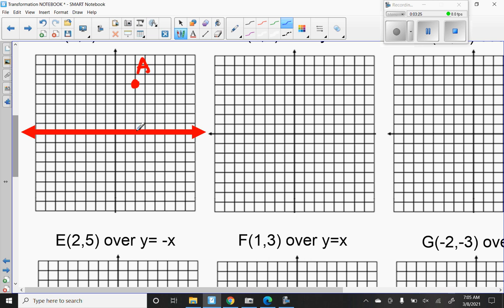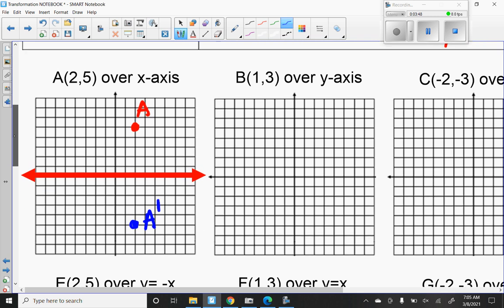Then to create the image, I just go an additional same distance in the same direction. 1, 2, 3, 4, 5. And there is our new image, and we put a little hyphen beside it. So that's how you do a point over the x-axis.